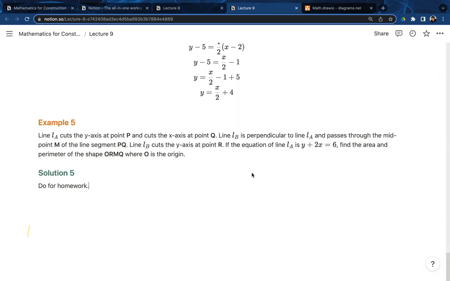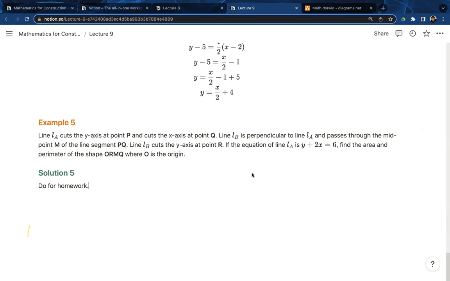It's given in English, first to begin with, there's a lot of words. LA cuts the y-axis at P and cuts the x-axis at Q. LB is perpendicular to LA and passes through the midpoint M of the line segment PQ. So M is the midpoint of PQ, right?